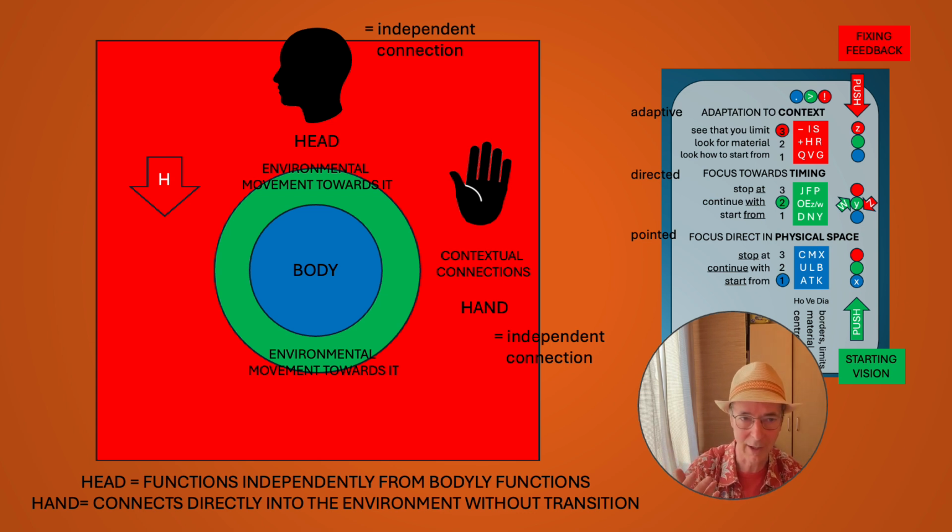It's making these associations differently. It's that independent connection, just like the hand. It makes contextual connections, independent connections, not directly dependent on the body, dependent on the movement it does from the body onwards. The connections it makes are not coming from the movements in the body, although it does that, but it makes connections directly to the environment, with the environment.